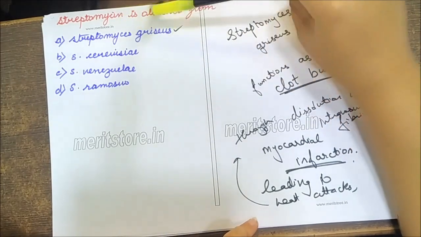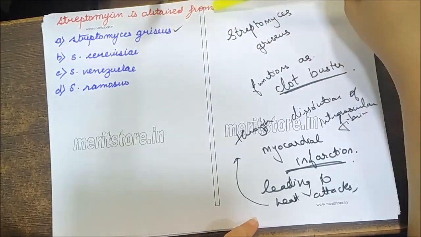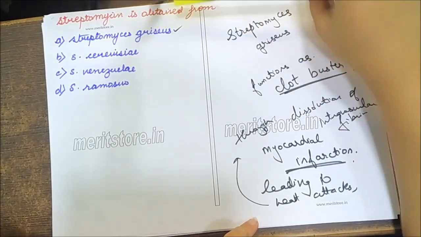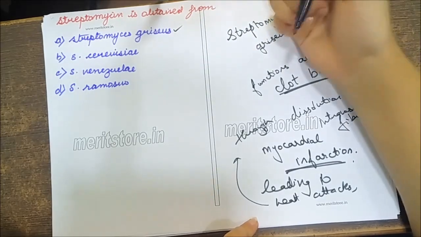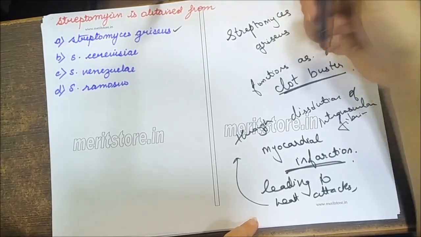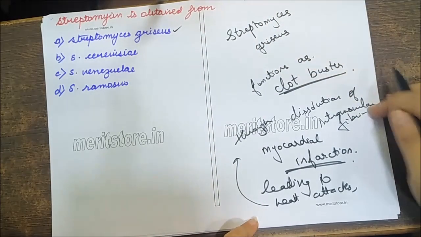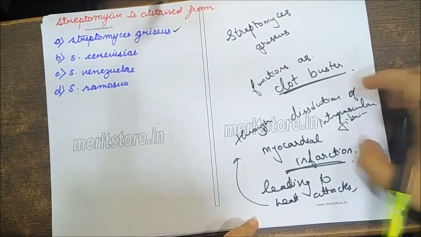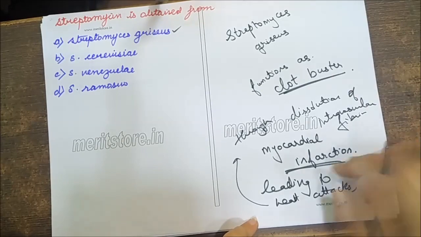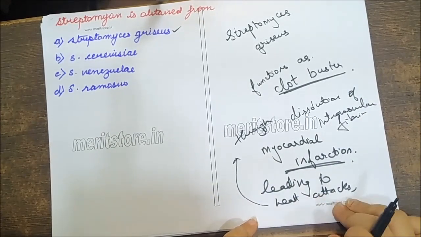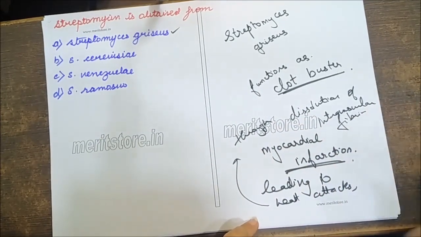So, the answer is obtained from Streptomyces grassis. This functions as a clot buster, and it works through dissolution of intravascular fibrin, which otherwise leads to heart attacks.